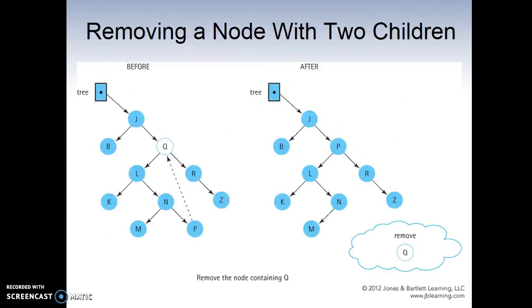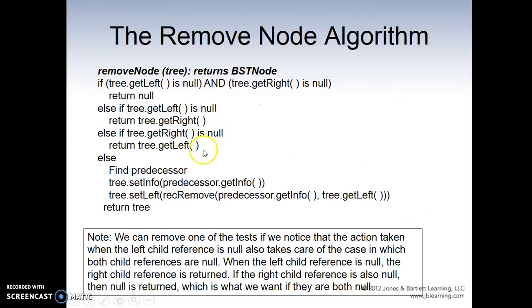Alright, so now come back to look at the algorithm for that. Else that means this is the node with two children. Find predecessor. Predecessor pretty much just finds the max of the left branch. Then we set the info to replace those values.